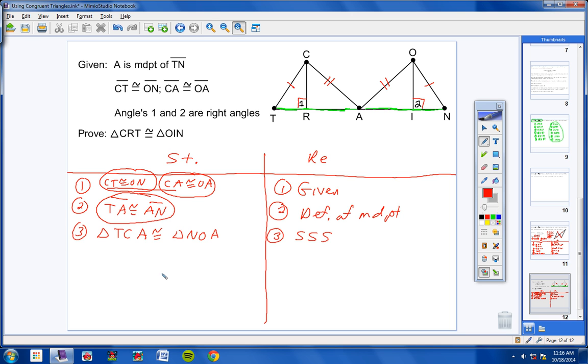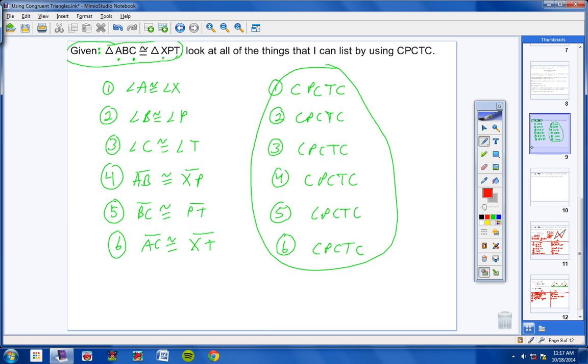Now, watch carefully. I know that these two triangles are congruent. So if I know those two triangles are congruent, then I can state that angle T right here is congruent to angle N right here. Because remember, as soon as I know that two triangles are congruent, I can state any of these 6 things by CPCTC.